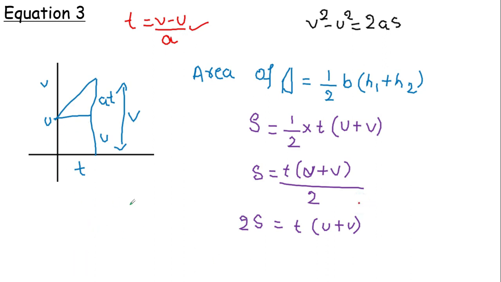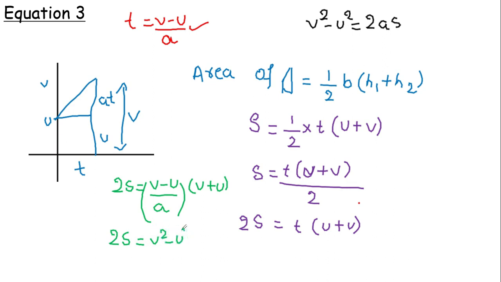Here 2s is equals to v minus u by a into v plus u. Here it's like a plus b into a minus b formula, so we get 2s is equals to v square minus u square by a.